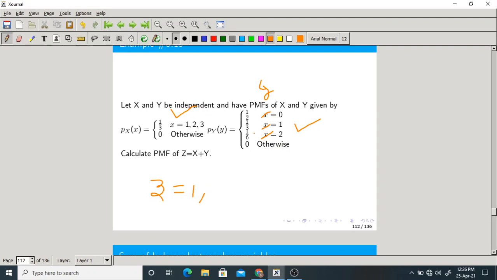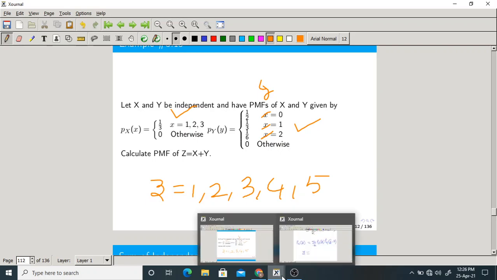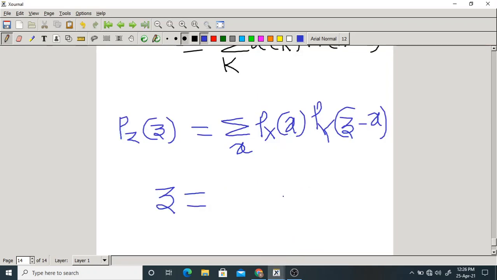Upper limit 3 plus 2, 5. So 1, 2, 3, 4, 5. So we should calculate for these values of Z. Is it okay? These are the limits of Z, not X, please remember.